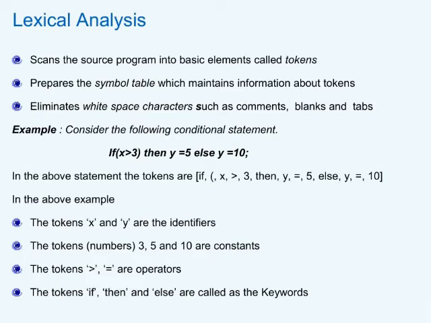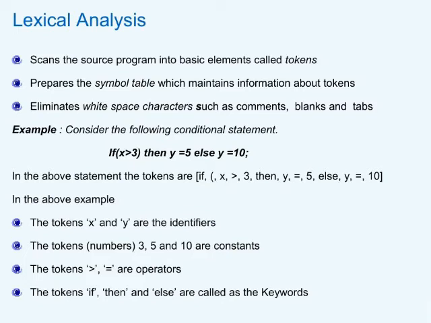Let's see one example of the lexical analysis phase. The instruction written in the high level language is: if x is greater than 3, then y is equal to 5, else y is equal to 10.